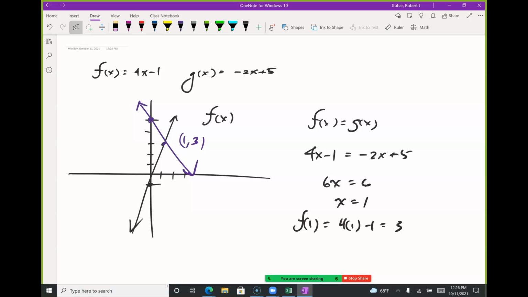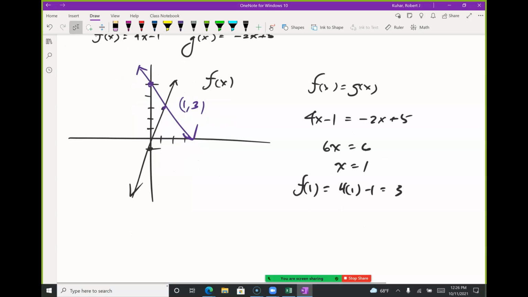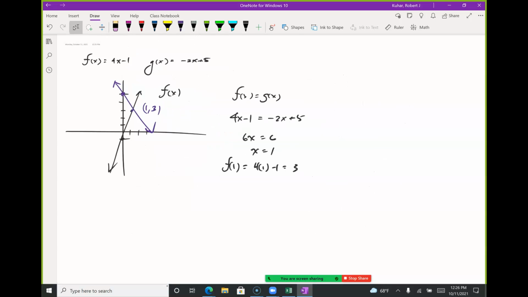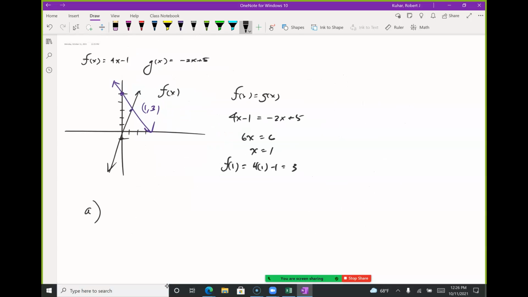So it gives me a whole bunch of things to solve, and I don't mind. I'll just do the whole thing. So question A says solve f of x equals 0, right? So that is 4x minus 1 equals 0, or 4x equals 1, or x equals 1/4.